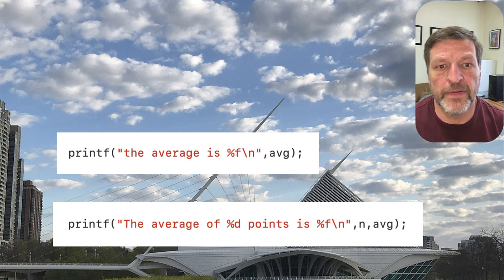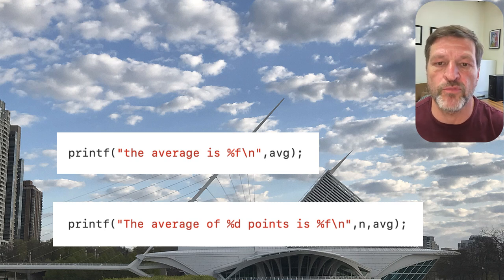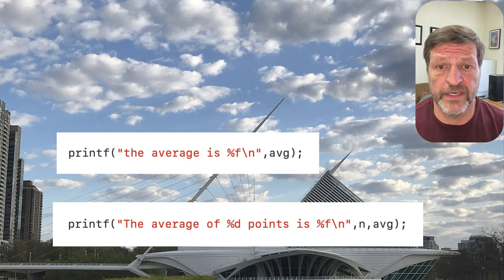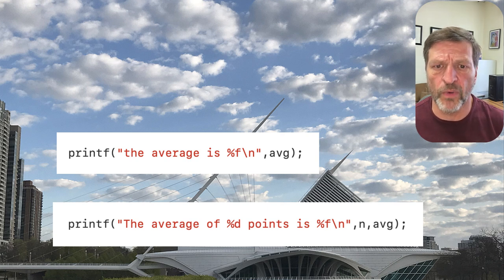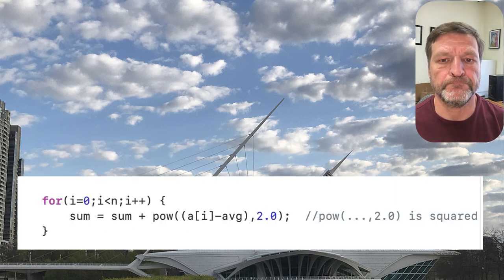So printf in the first one had two input arguments, and the second one had three input arguments. So printf can have a variable number of input arguments. It depends on all sorts of things. That's just a nuance there, that the input argument list can change in functions.